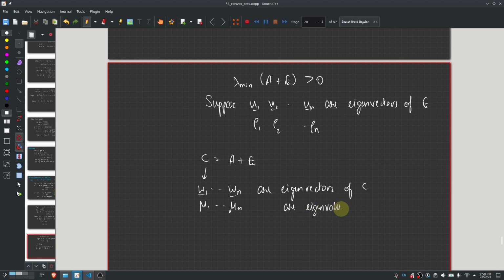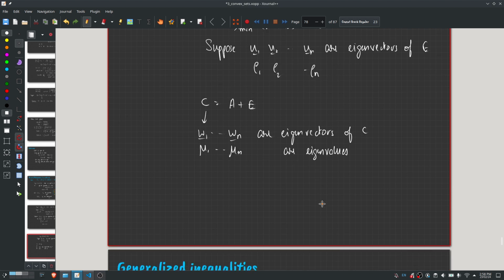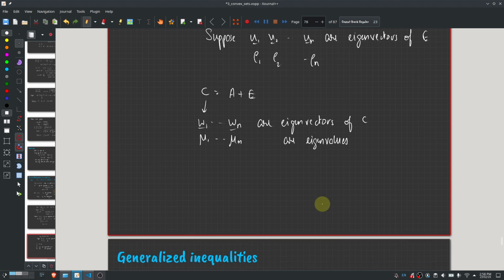We've already seen this before, but any vector x can be expressed in terms of these, because w1 through wn are orthonormal eigenvectors. You can write any x as a linear combination of w1 through wn. You can also write it as a linear combination of u1 through un and v1 through vn, because they're all different sets of eigenvectors.